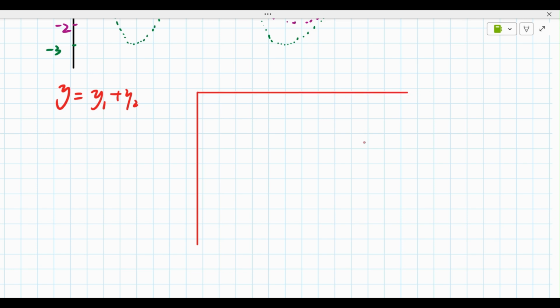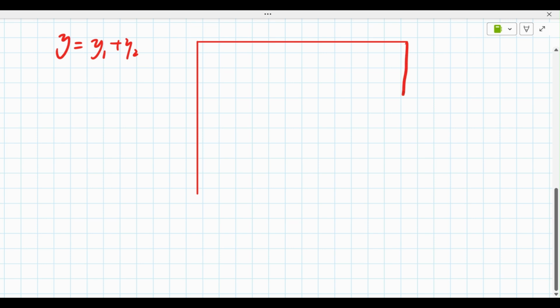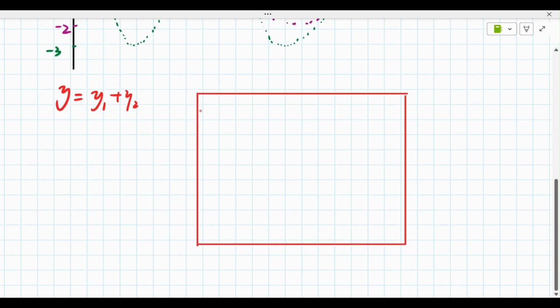If I get confused, I always use a table to settle my different points. So we choose like that, and I'm just graphing that. So we do x, y1, y2, and y1 plus y2.